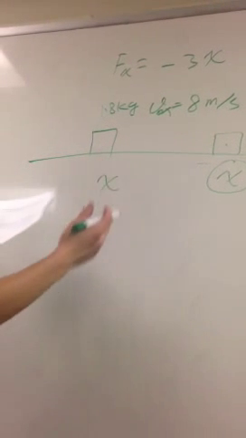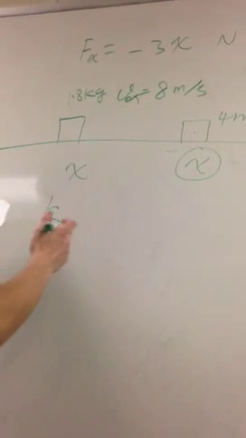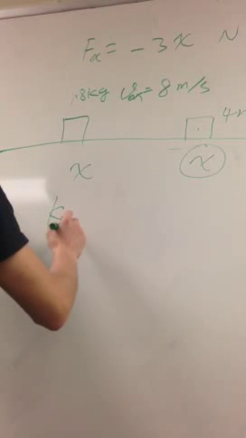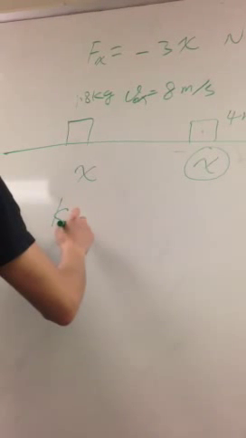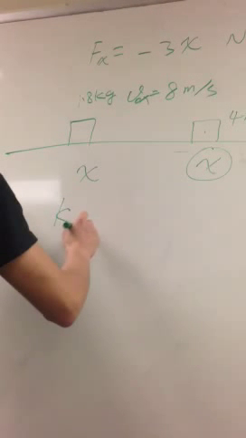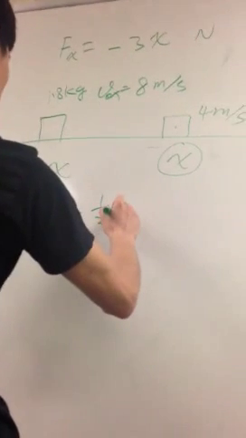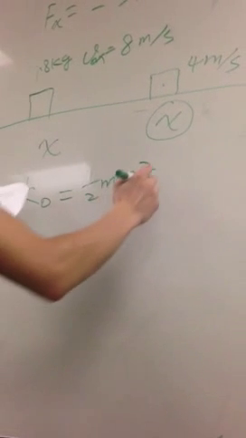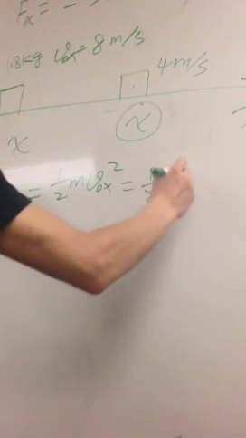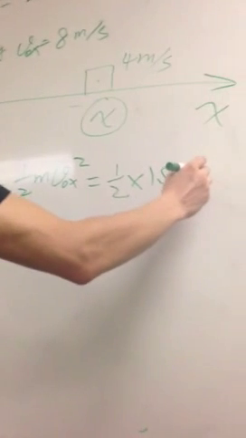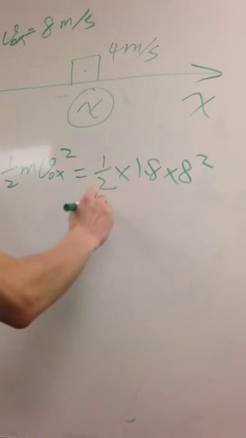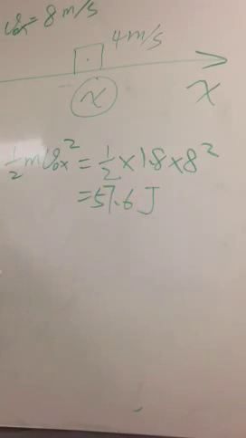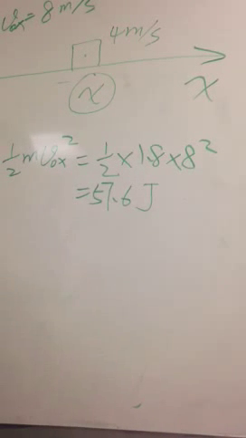It's the same thing as the previous question, right? So the kinetic energy at the beginning is 1/2 times 1.8 times 8 squared, and it's 57.6, the initial kinetic energy.